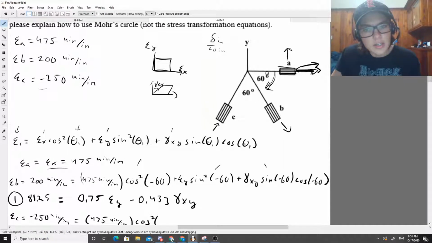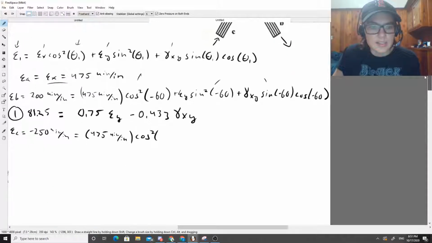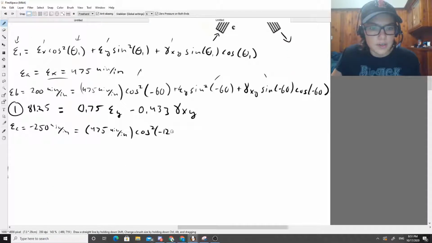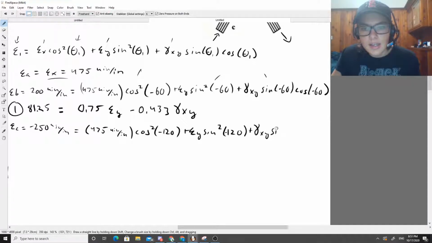So strain gauge C is going to be 120 degrees clockwise off the x-axis, so that's going to be negative 120, plus strain at y, sine squared, negative 120, plus gamma xy, sine negative 120, and I'm running out of room, but it's cosine negative 120. And that's multiplied into that term.